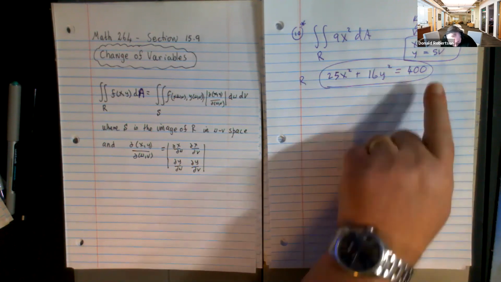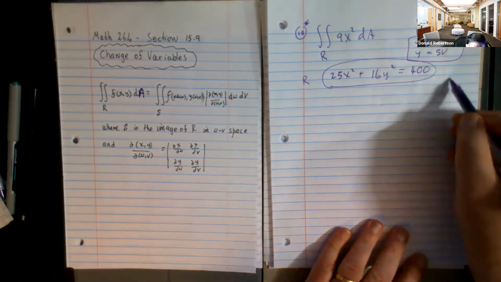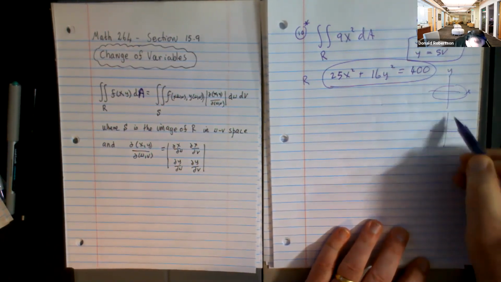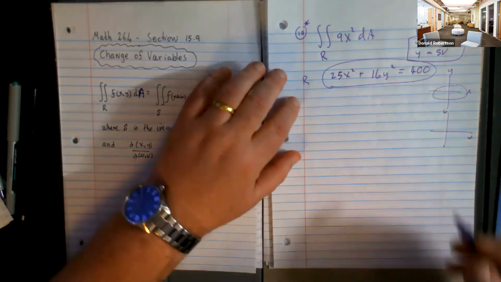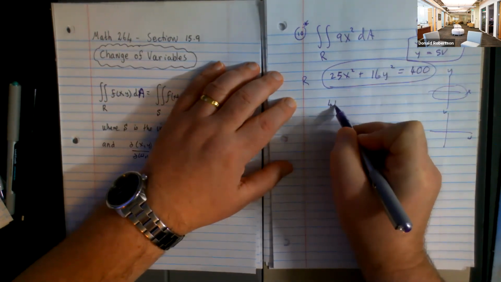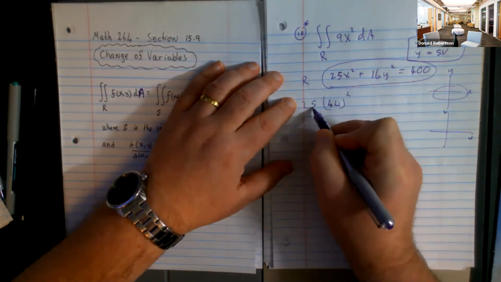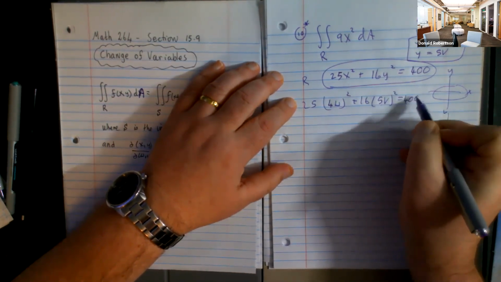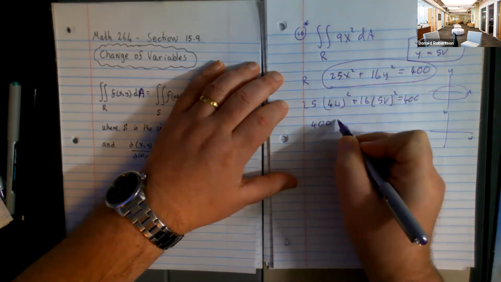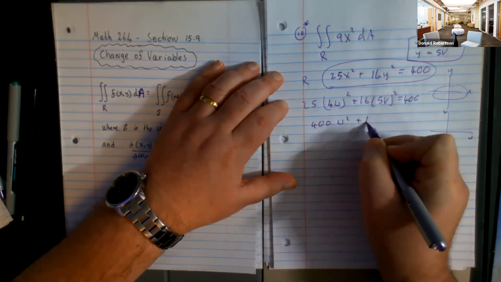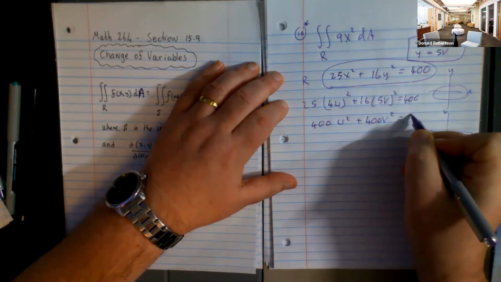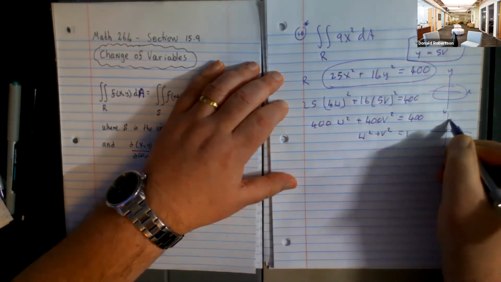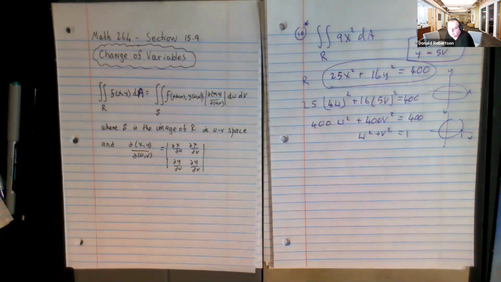So that's the difference here. If you imagine an ellipse in XY space, let's see what it looks like in UV space. Just replace the X by 4U and replace the Y by 5V. And you get 400 U squared plus 400 V squared equals 400, which makes it a circle of radius 1 in UV space.